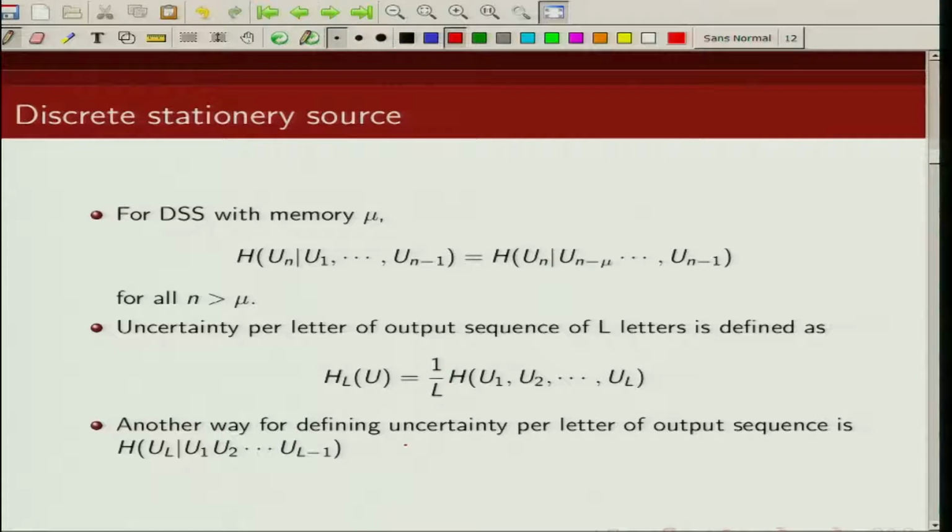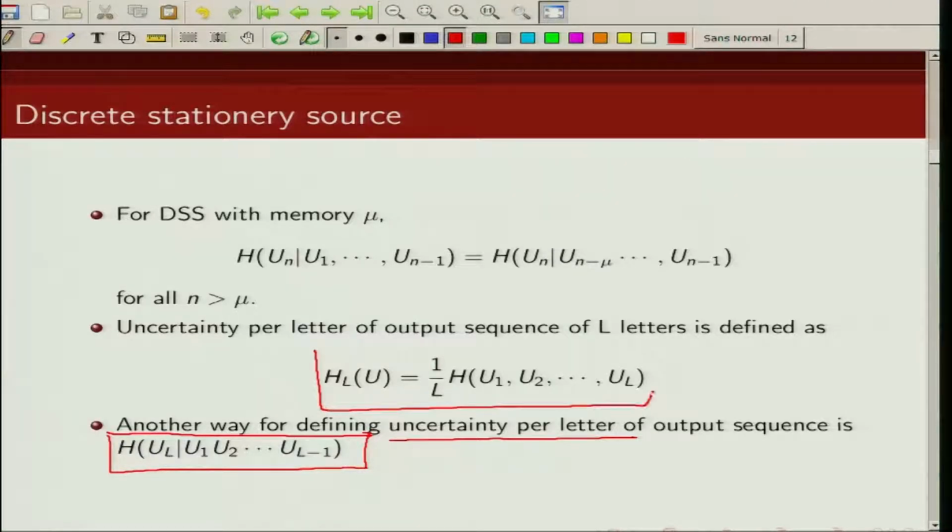Another way of defining uncertainty per letter is using the conditional entropy, the uncertainty in U_L given U1, U2, U3, ..., U_{L-1}. So there are two ways in which we could describe the uncertainty per letter for a discrete stationary source.